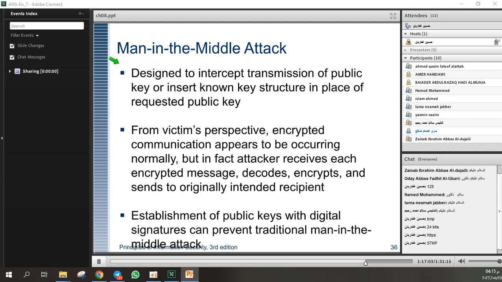The intruder sits between us. When I send the first message to Alice, "Hi Alice, how are you?", instead of Alice, Trudy answers me. So I'm establishing a secure connection with Trudy, not with Alice. Then Trudy creates a secure connection with Alice.